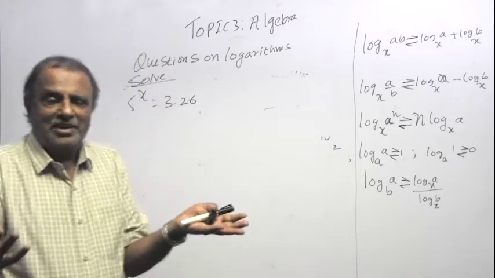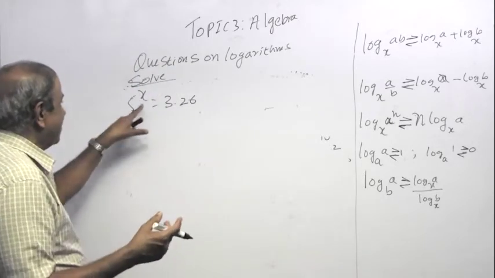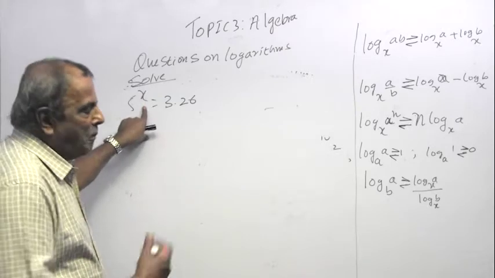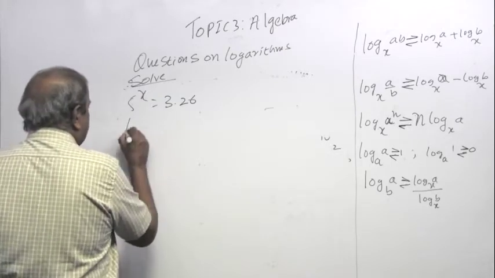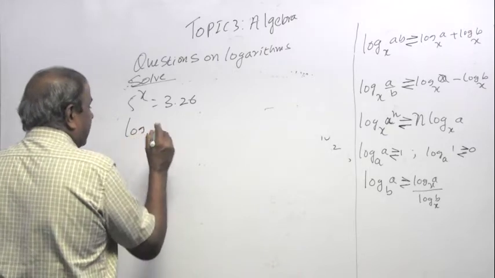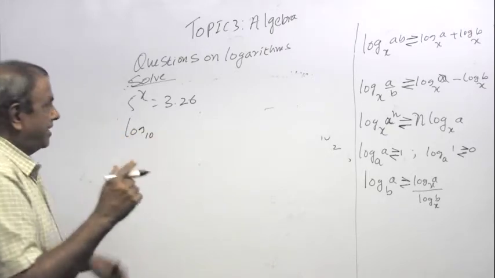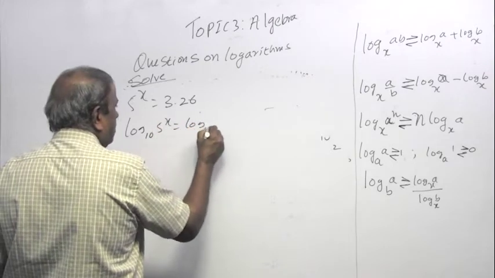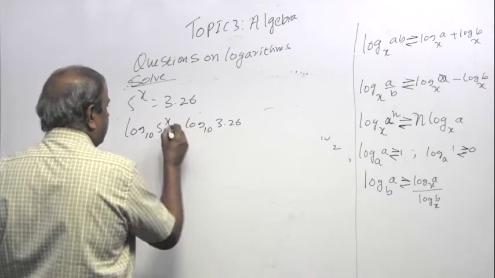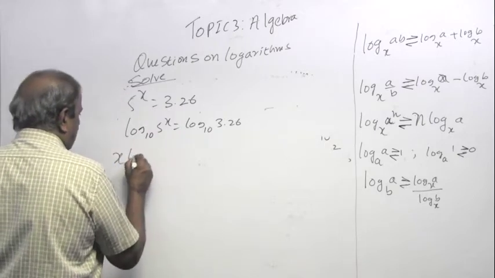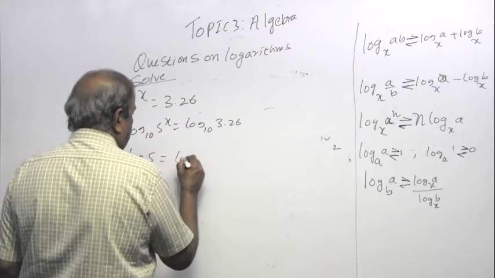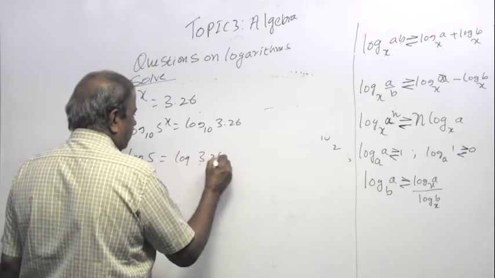So if you put x as 1, 5 can never be 3.26, right? So it's some power of x. So the best thing we do is take log, always to base 10. Log to base 10, 5 power x equal to log to base 10 of 3.26. Take x down. So x log 5 to base 10 equal to log of 3.26 to base 10.